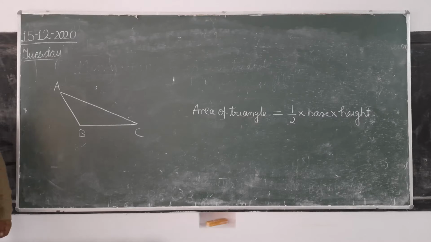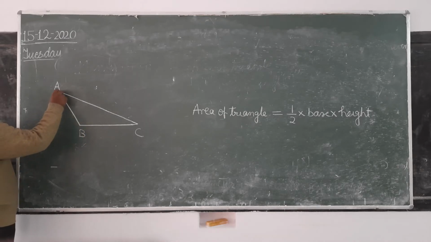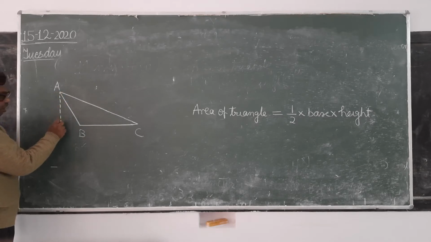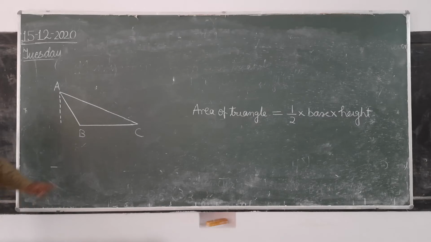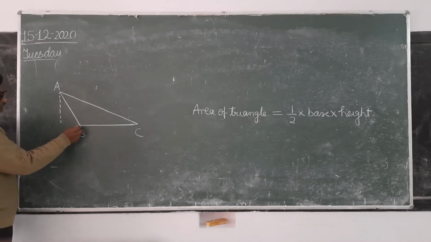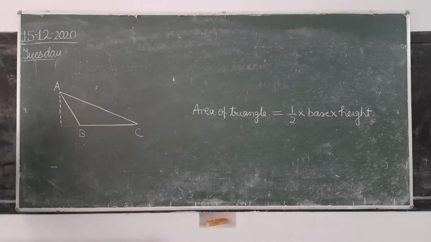What will be the altitude? The altitude will be the perpendicular drawn from A on BC. When you draw the perpendicular from A over BC, it will not fall on BC. It will fall on the extended part of BC.